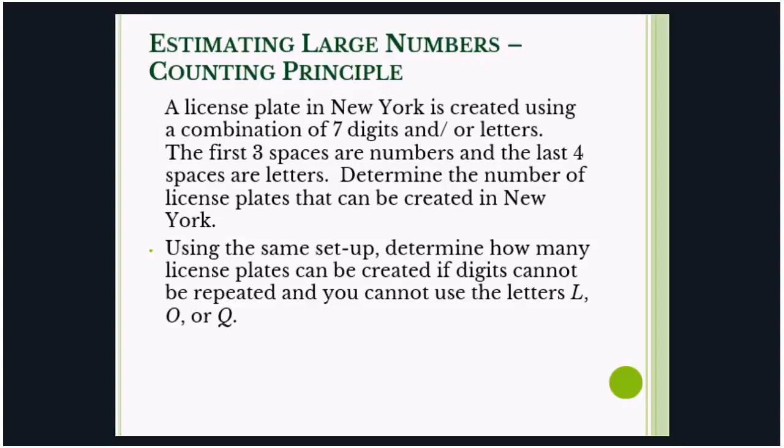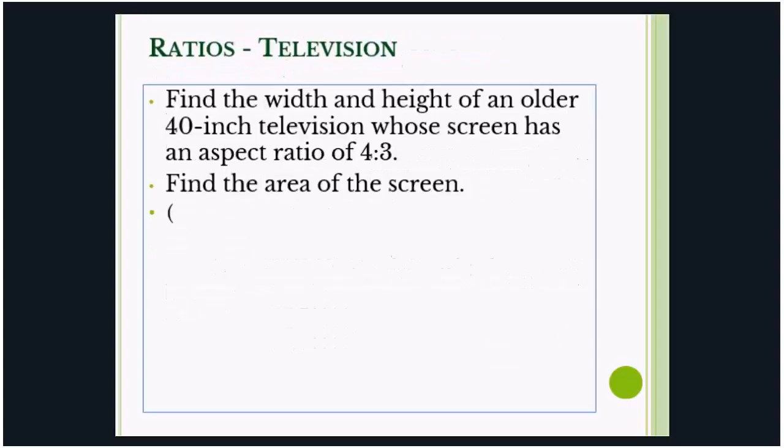This all comes from lesson 1 and 2, is using the same setup to determine how many license plates could be determined if digits cannot be repeated and you cannot use the letters L, O, or Q. So you want to start off with the same setup, D, D, D, L, L, L, L, except now you're going to have 10 possibilities for your first digit, 9 possibilities for your second digit, 8 possibilities for your third digit, and then all of your letters will have 23 possibilities since we're going to take out these 3 letters of the alphabet, leaving you with 201,485,520 different possibilities.